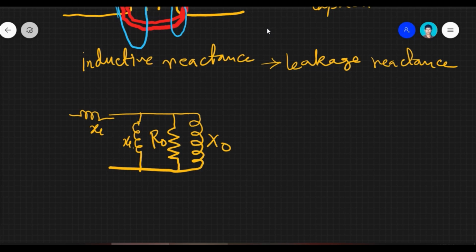The correct answer is that we should place leakage reactance in series. Now again the obvious question will come, that is why? Why we should place it in series?